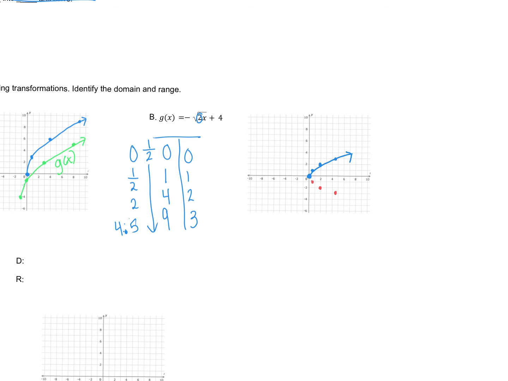And then we are going to move those up 4. 1, 2, 3, 4. So our green is our final equation, with a domain of 0 to infinity and a range of -infinity to 4.